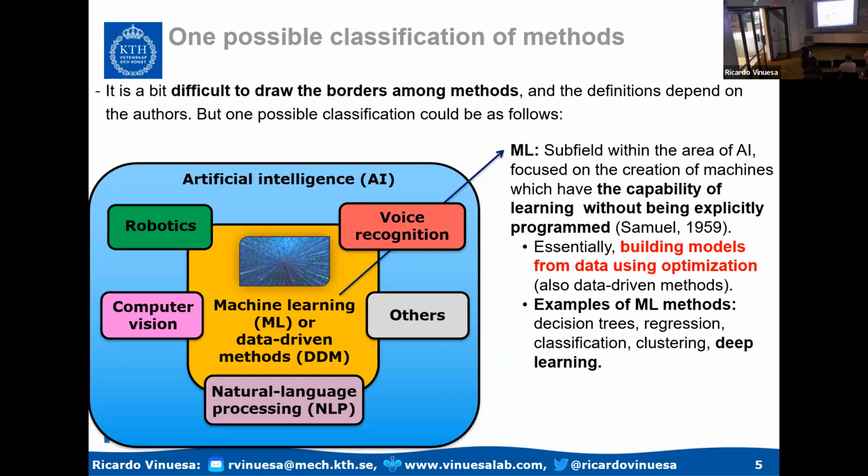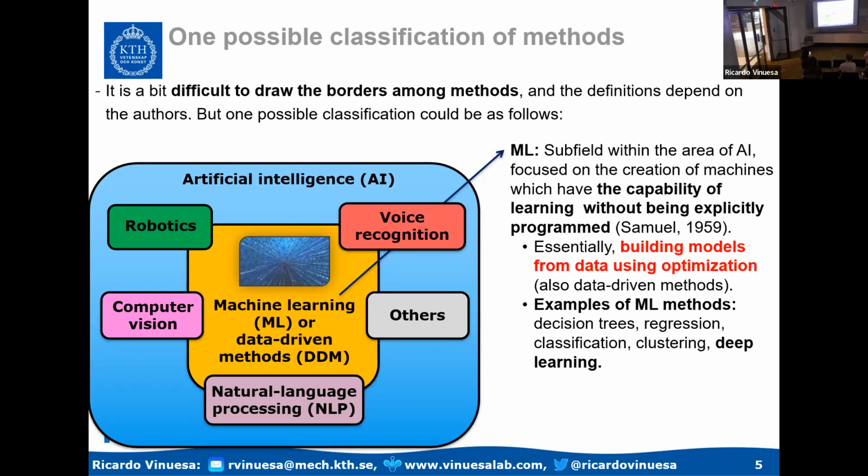So one can solve a certain task without being explicitly programmed to solve that particular task. I like a more updated definition that applies more to what we do in mechanical engineering and fluid mechanics: being able to build models from data using optimization. That's what I would call machine learning, and to me that is equivalent to data-driven methods. So we are using data and optimization to build models.